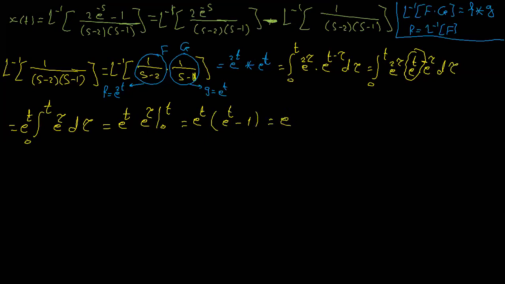Or you can write e to the 2t minus e to the t. So this answer is the Laplace inverse of this fraction. Now let me find the Laplace inverse of the second fraction, which is e to the negative s divided by (s minus 2)(s minus 1).